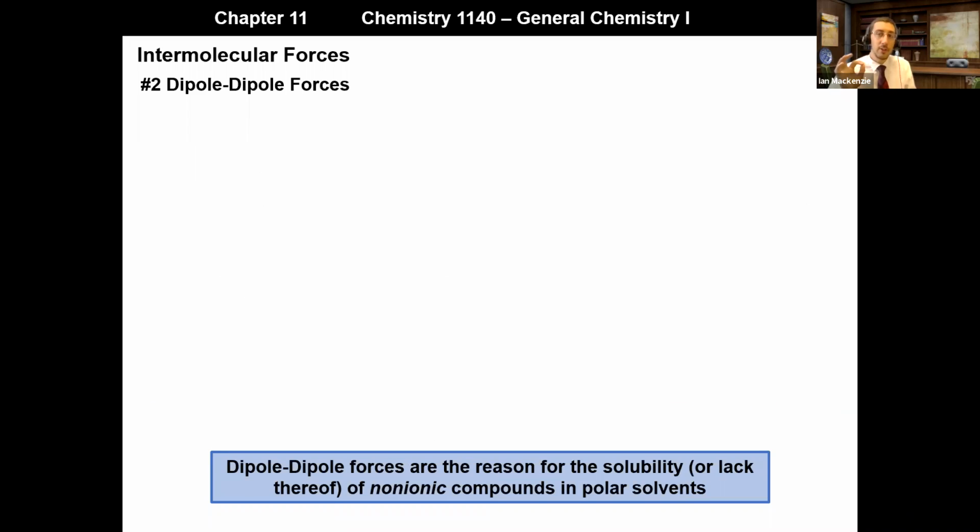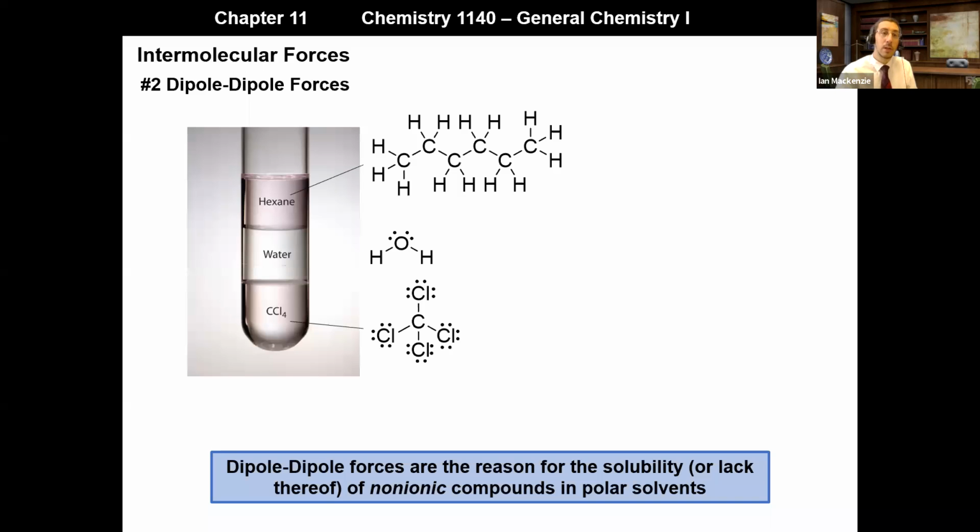Now, in addition to boiling point, dipole-dipole forces are also the reason for the solubility or lack thereof of non-ionic compounds in polar solvents. So here, if we look at this example, we have three liquids in a test tube.